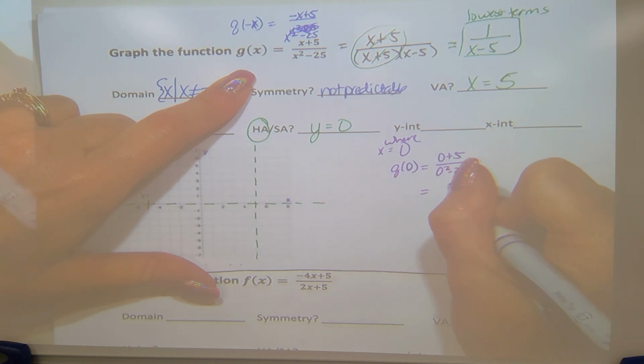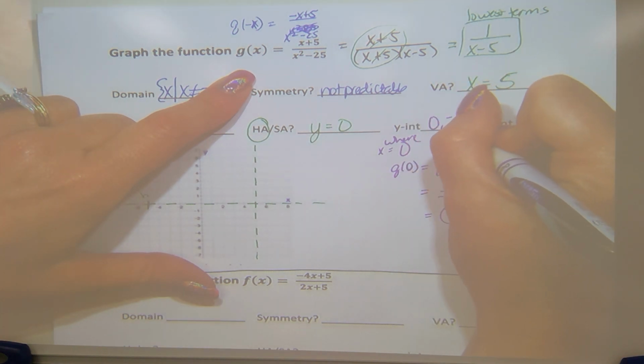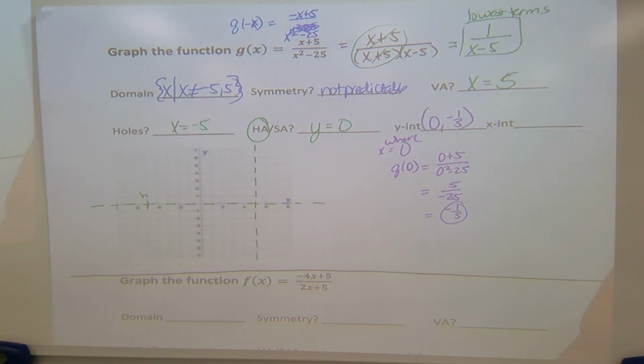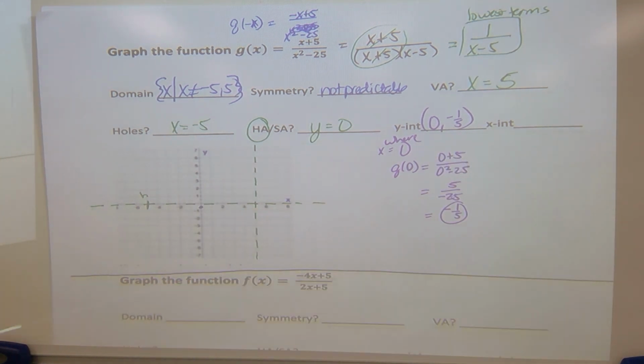That is 5 over negative 25, which is negative 1/5. So the point is (0, negative 1/5), and my y-intercept is just below the x-axis. It looks like this piece of my function is going to be right here, because these asymptotes turn my function.